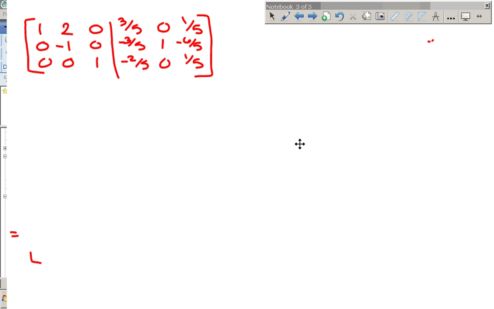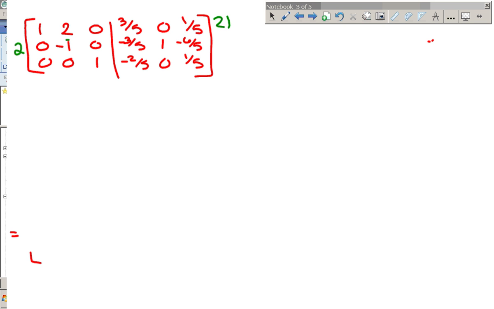So now what we need to look at is maybe working on getting rid of this 2. I think maybe the easiest way to get rid of that 2 would be to multiply row 2 by a 2 so that we could add 1 and 2 together.